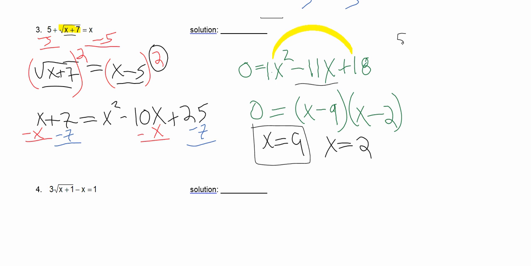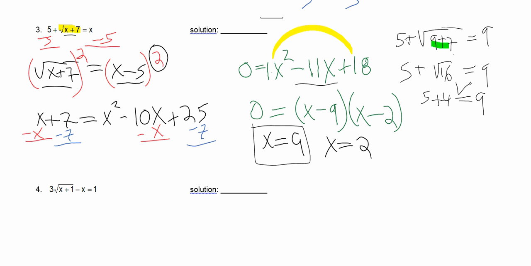We have 5 plus the square root of 9 plus 7, and it needs to equal 9 because that's x. So 9 plus 7 on the inside right here is 16, and the square root of 16 is 4. We're going to add 5 to that, and it looks like this one's going to work out just fine. 5 plus 4 does in fact equal 9, so that checks out.